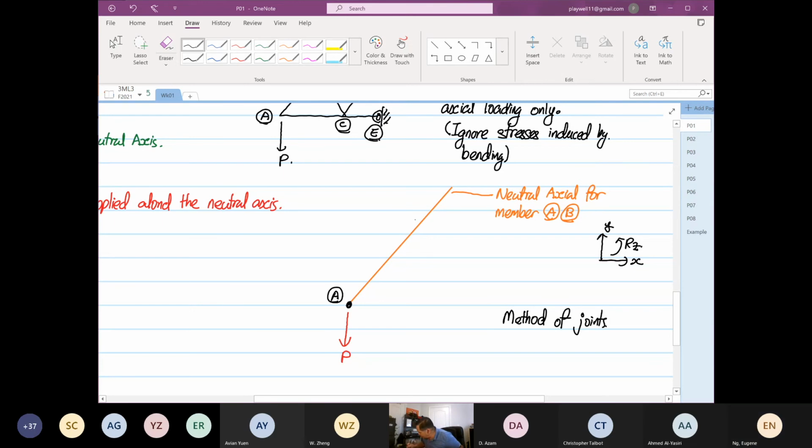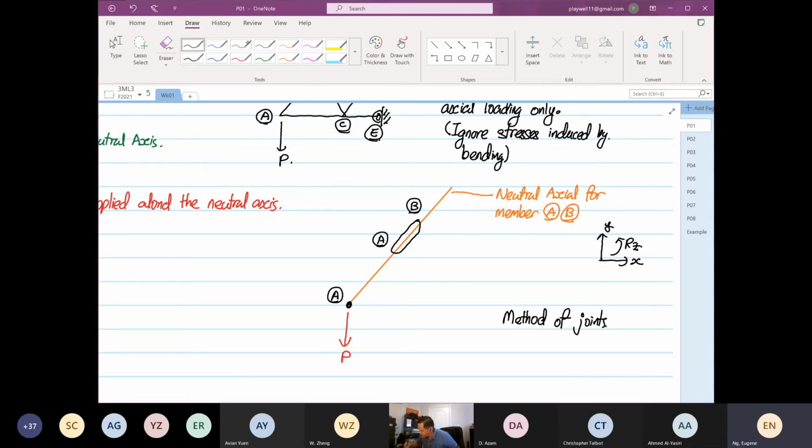So what we have down here, this is our member AB. Okay, so this is the beam AB, right? And we said that the forces can only be applied along the neutral axis. Okay, so now with the point P down there going downwards, right?